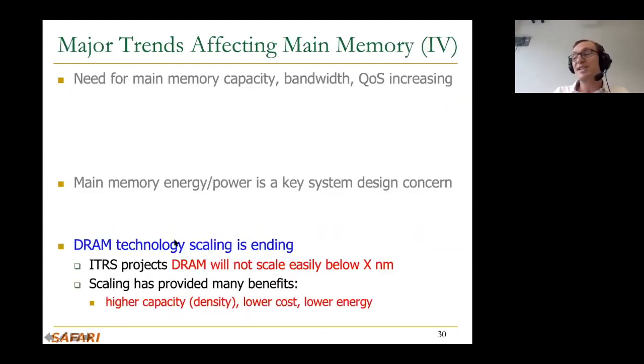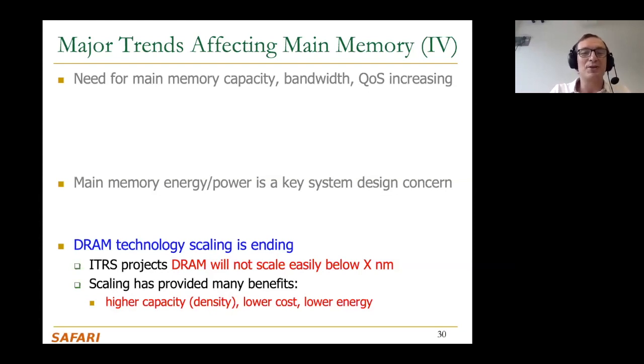Now let's talk about scaling, because scaling is going to affect pretty much everything over here: capacity, bandwidth, predictability, latency, energy and power, and other things also like security, reliability, etc. So what is scaling? Scaling basically is you have a cell, an electronic cell, and you want to reduce its size. And once you reduce its size, its properties improve.